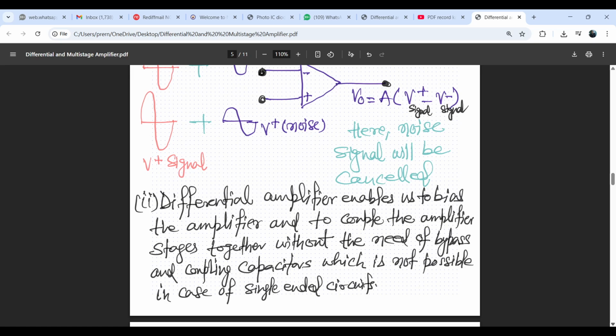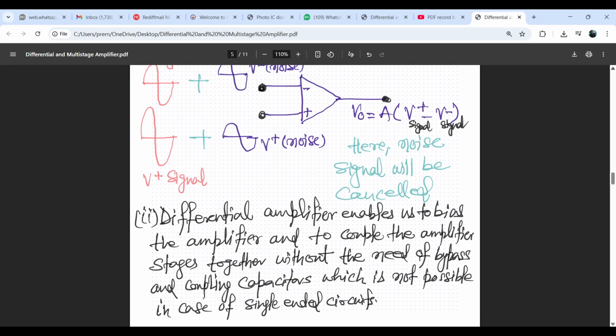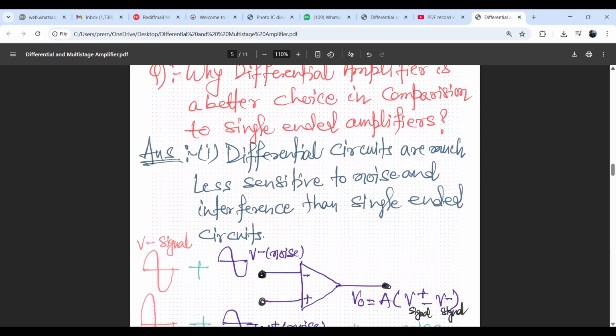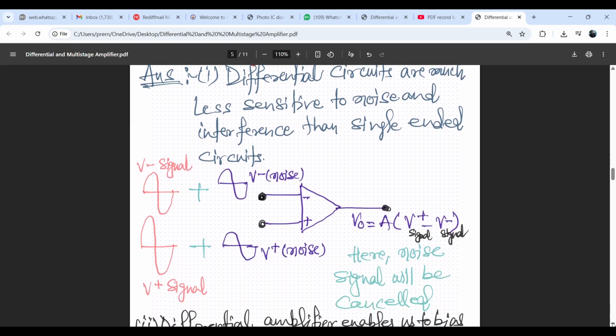So these are the two important points through which we can say the differential amplifier is much better in comparison to the single-ended amplifier: it is very less sensitive to noise, and there is no use of bypass capacitor and coupling capacitor.